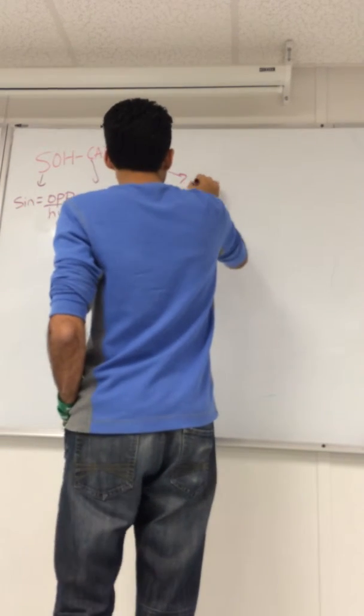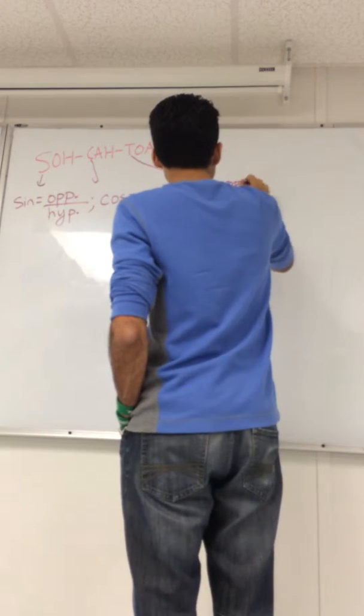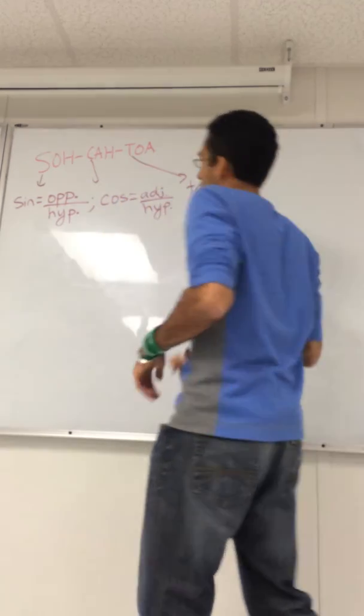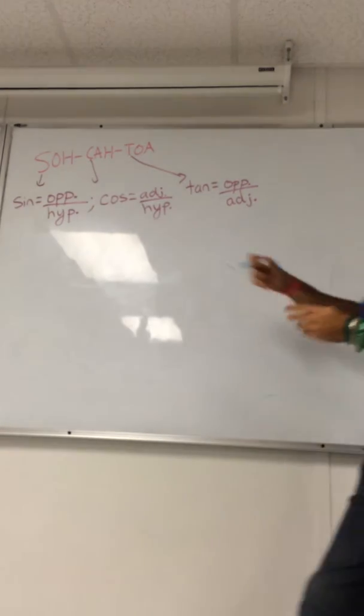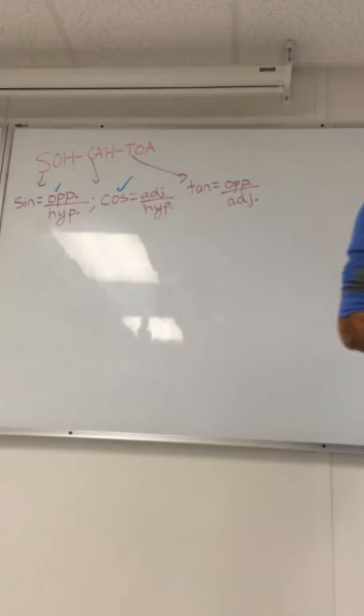And T is tangent, opposite over adjacent. Now, for the next about week and a half, I'm only going to focus on sine and cosine. We'll then come back to tangent a little bit later. Right now, just going to focus on sine and cosine.